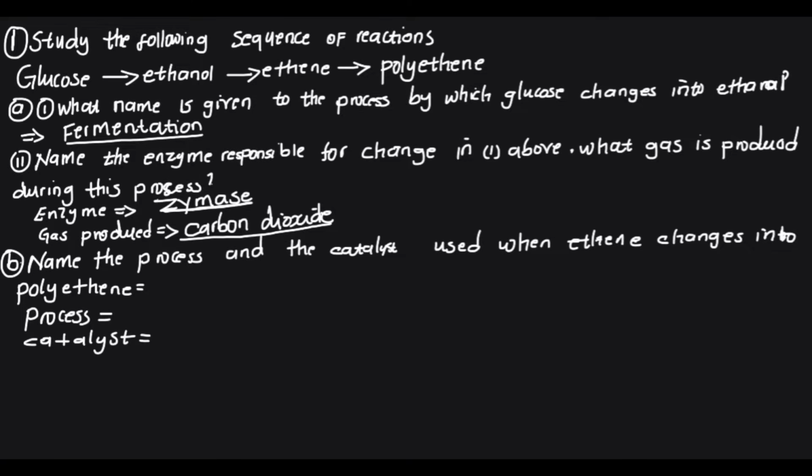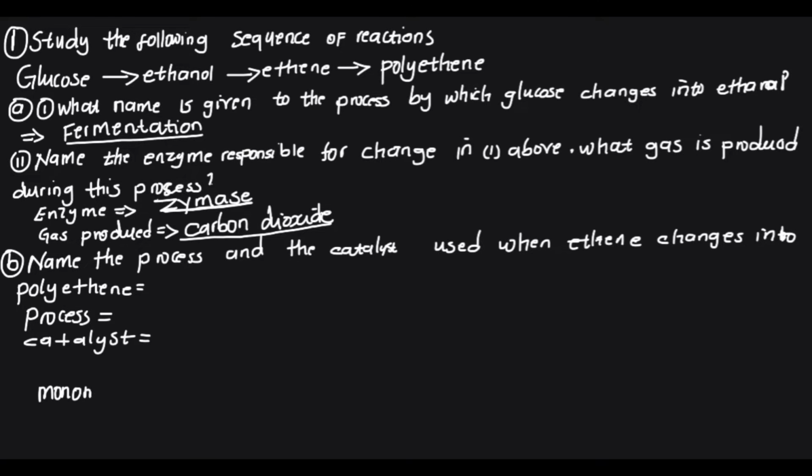Now, we can move on to question B. Name the process and the catalyst used when ethene changes into polyethylene. Now, polyethylene is a polymer. So how can we produce a polymer? A polymer is produced whenever we combine two or more monomers.